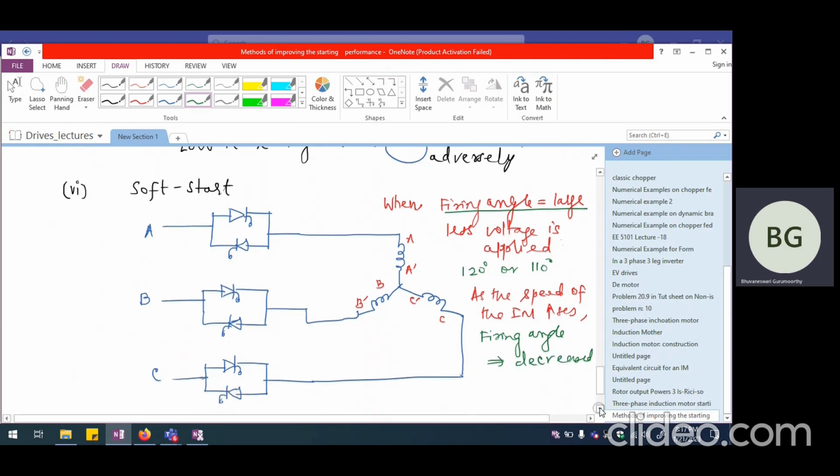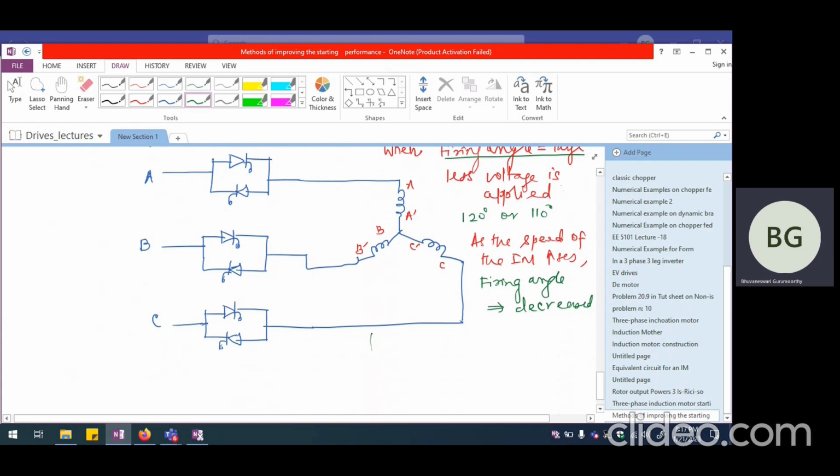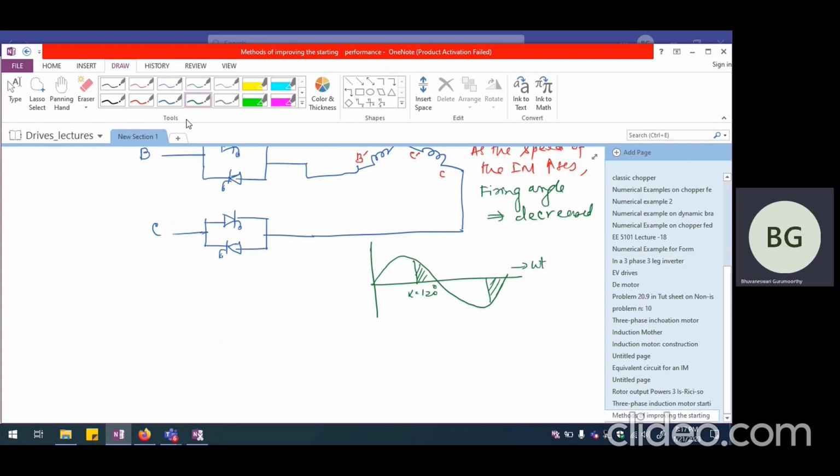So in this particular case, let us say I look at just the A phase voltage. If the firing angle is 120 degrees, I'll apply only this much voltage in the positive half cycle and this much voltage in the negative half cycle. So this is alpha equal to 120 degrees, and this is the A phase voltage. If I reduce the firing angle from 110 to, let us say, something like 60 degrees, then this is a 60 degree firing angle and this is again 60 degrees.